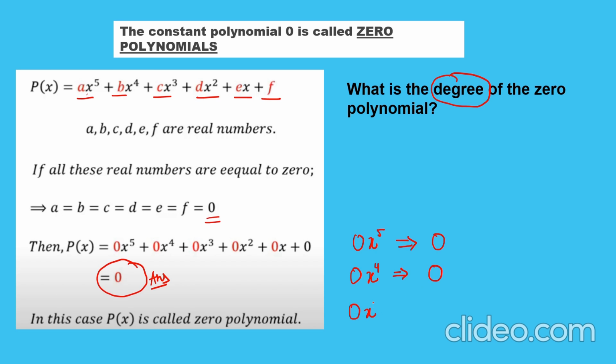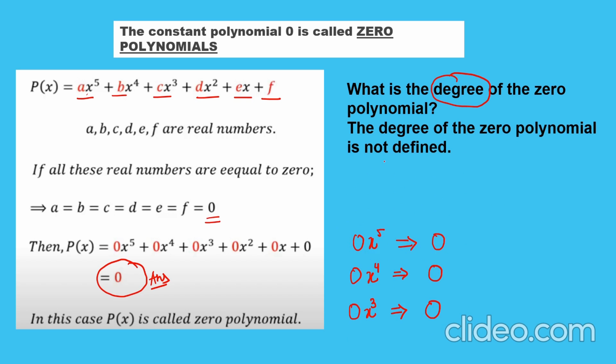Similarly, if you take 0 into x raised to the power 3, again the result is 0, and so on. You can take any example. With this 0, you will get 0 as a result. So we cannot decide the degree of the zero polynomial. That is why the degree of zero polynomial is not defined.